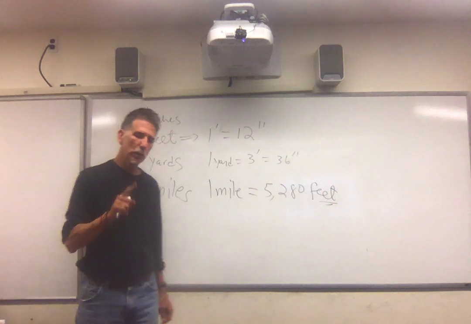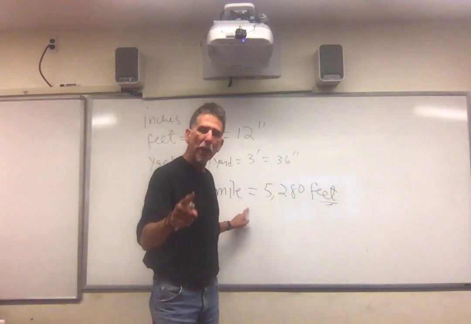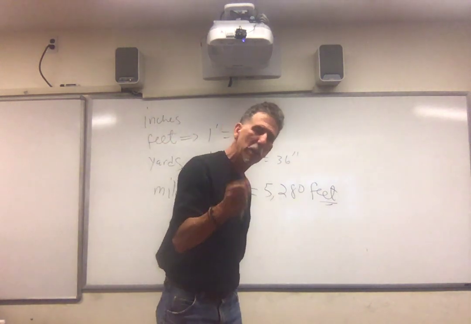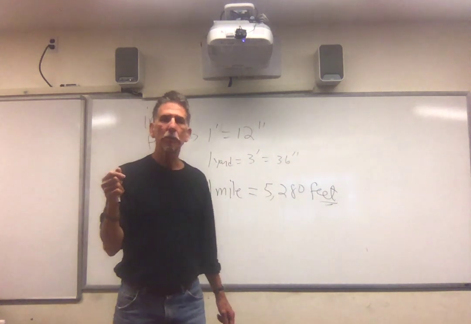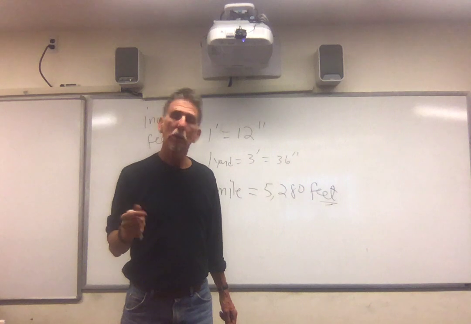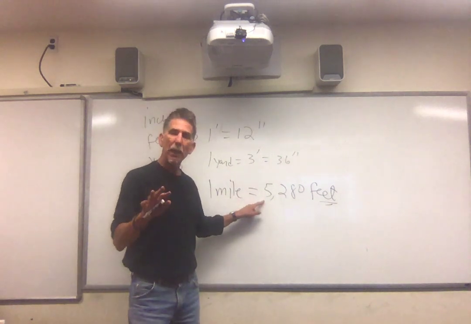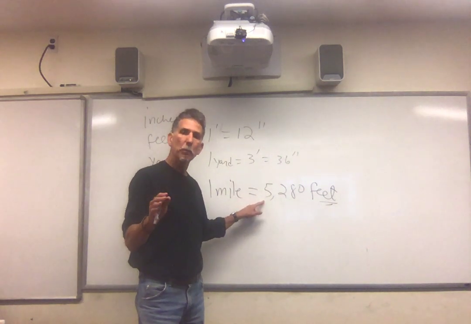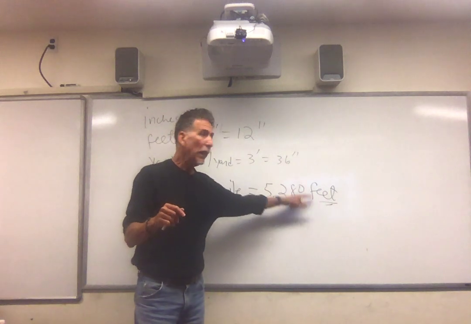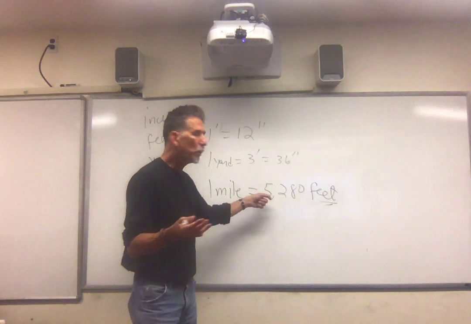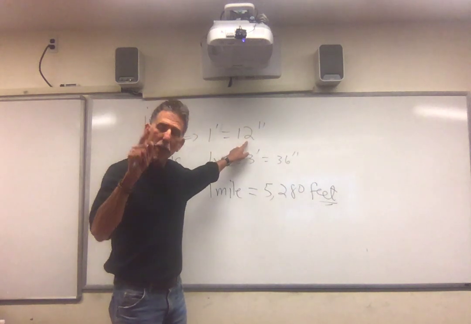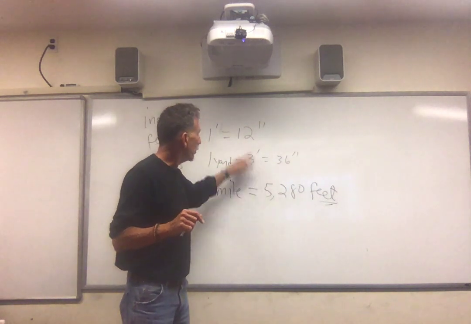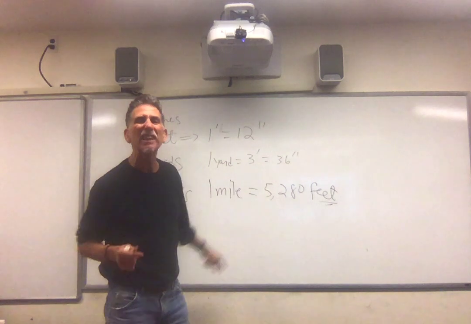Now suppose I ask you, approximately, listen to my words, approximately, how many inches are in a mile? Well, it's easy. There's about 5,000 feet in a mile, and each foot has 12 inches. So you multiply 5,280 by 12. I said approximate. So 12 times 5 is about 60,000.